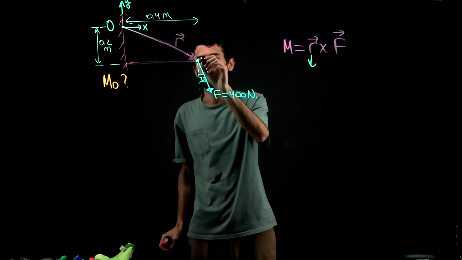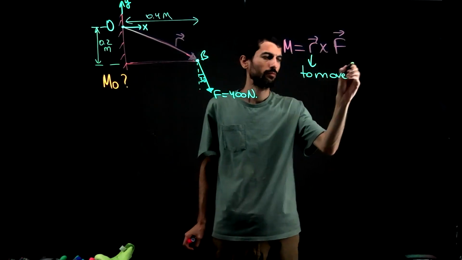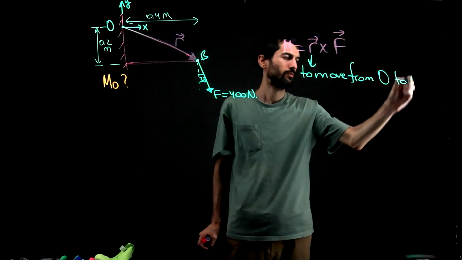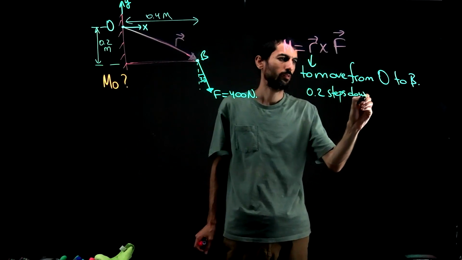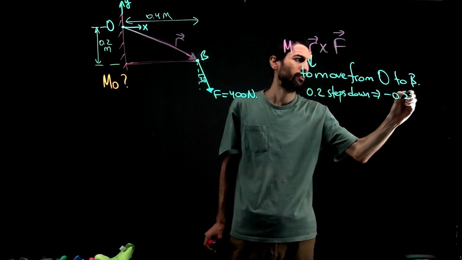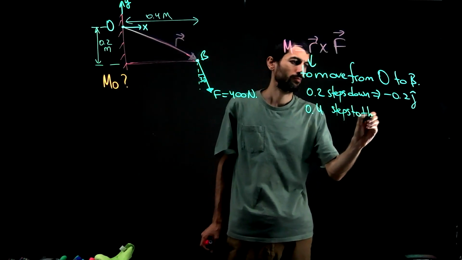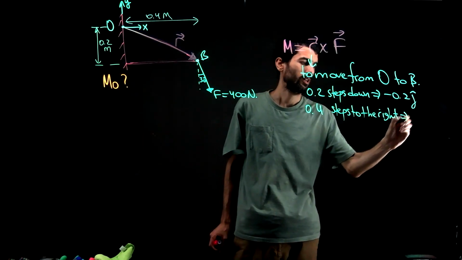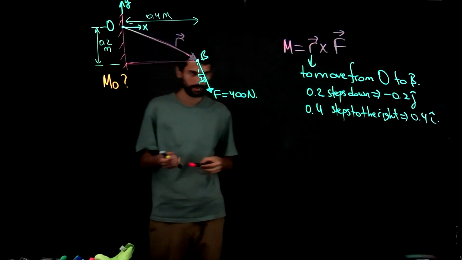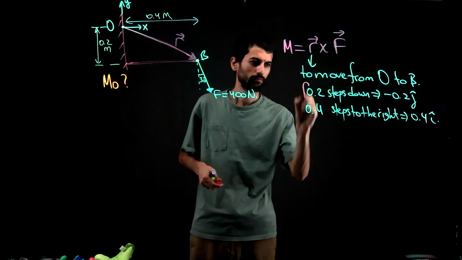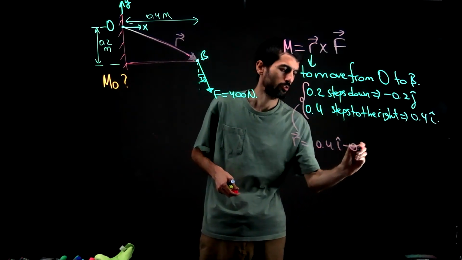Let me call this point B. So 0.2 steps down means negative 0.2j, and 0.4 steps right is 0.4i. Then the position vector will be 0.4i minus 0.2j.